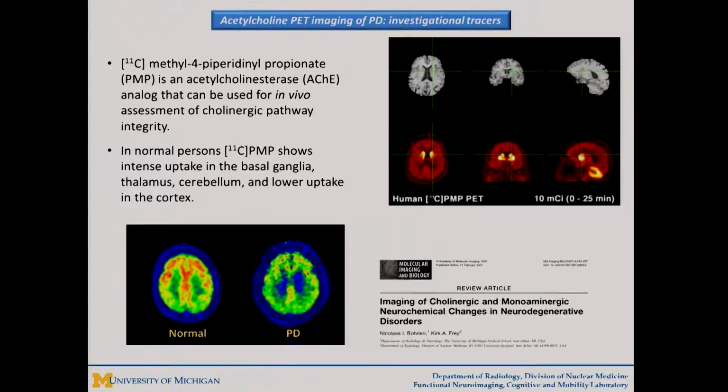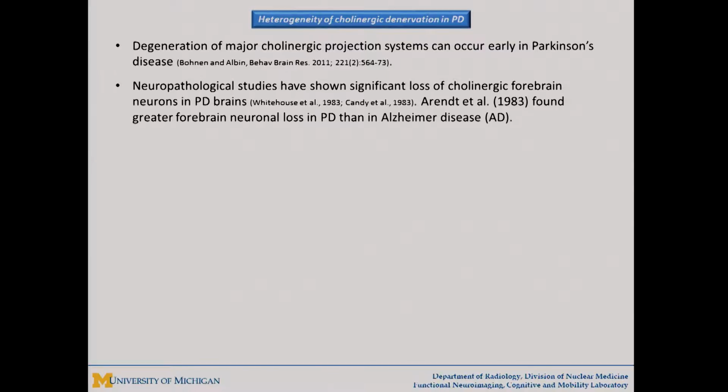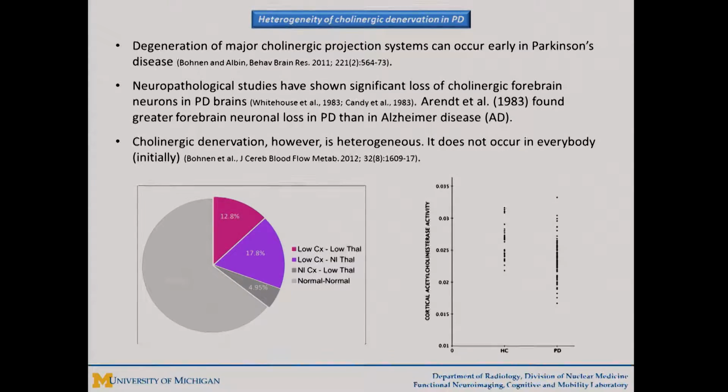Having said that, not everybody with Parkinson's disease has cholinergic loss. We've done some studies, and there are plenty of people who are in the normal range, up to about 60% or even higher. So they have the same amount of acetylcholine in the brain as somebody who doesn't have the disease.